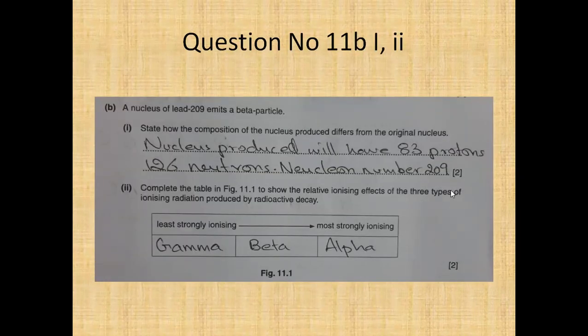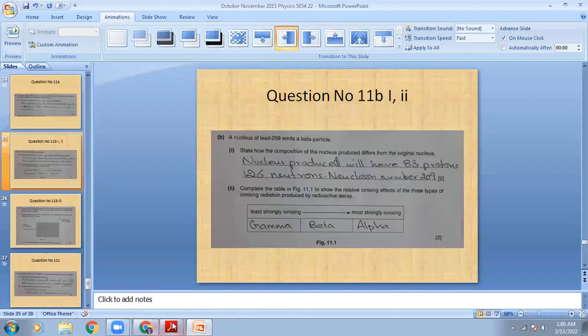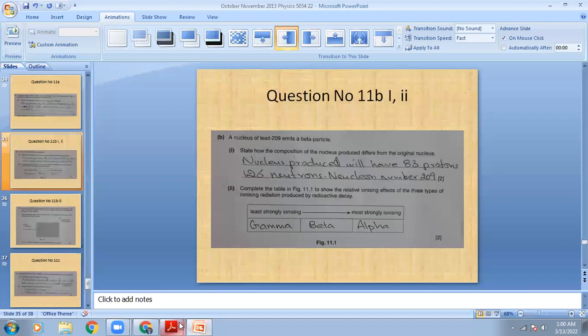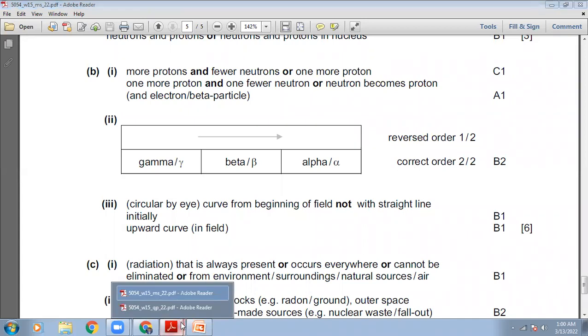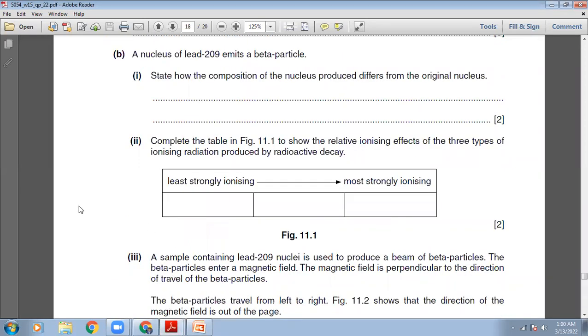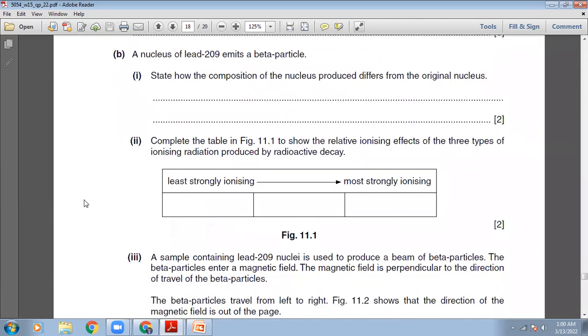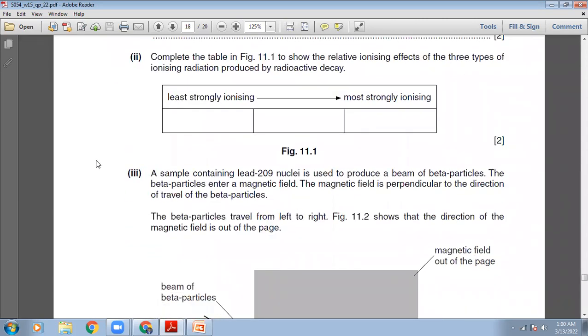Let's have a look at the marking scheme first of all. Okay, so you can read this marking scheme carefully. Next: complete the table in figure 11.1 to show the relative ionizing effect of the 3 types of ionizing radiation produced by radioactive decay.